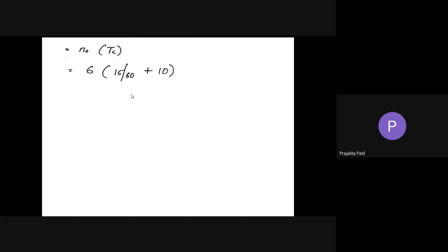So whenever it comes to mass production, the bottleneck station is important. You should know which is the bottleneck station and what is the time associated with it. And how do you identify the bottleneck station if it is not specified? From the data, you should see which operating time is maximum as compared to others. So in our case, it is operation number 3 where the operation time is 10 minutes.